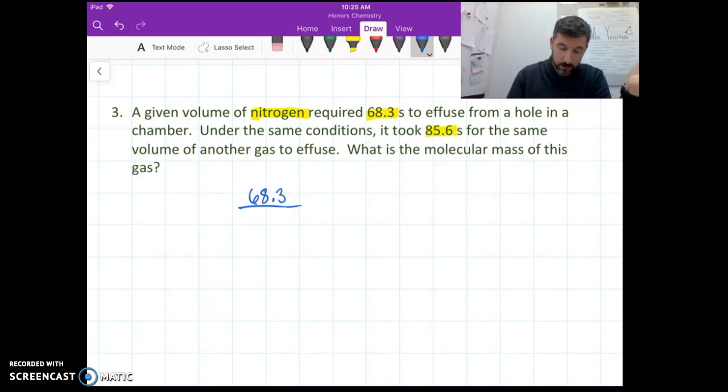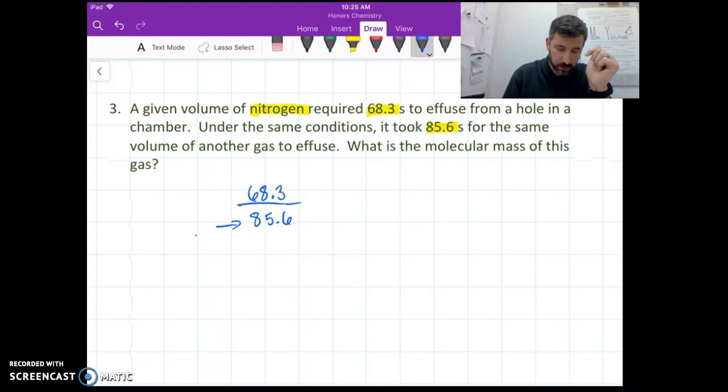All right, and then 85.6 is my relative velocity of the nitrogen. The nitrogen was able to effuse quicker. That means the nitrogen is faster. That's why the nitrogen gets the bigger number for velocity. So go ahead and see if you can finish the problem and get an answer.